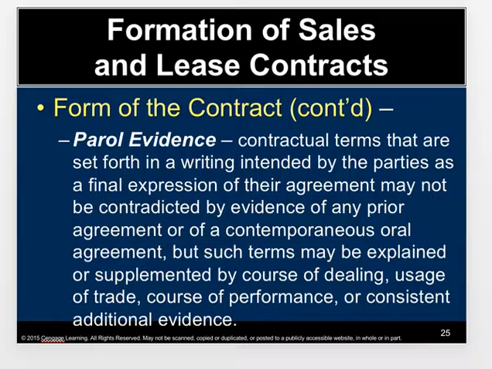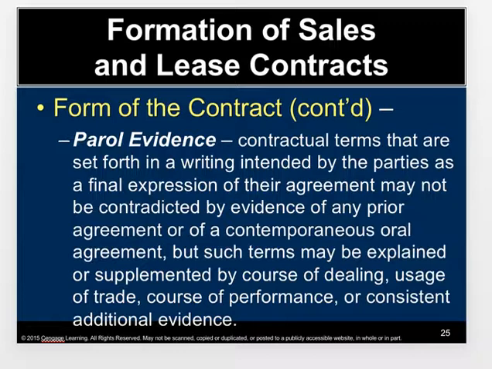So in other words, if we enter into an agreement or a contract, it's in writing, it's signed, it's our final agreement. If that's the case, then we cannot try and modify the contract or say that, hey, we had this prior agreement and that somehow modifies the existing agreement. Well, no. If we wanted that to be part of the contract, then we should have included it.